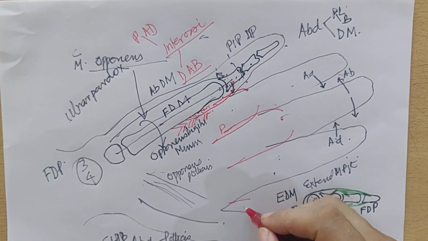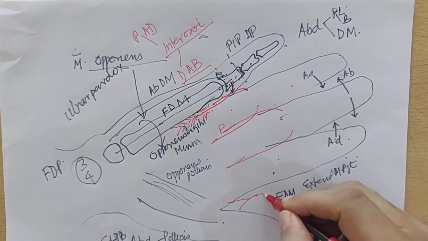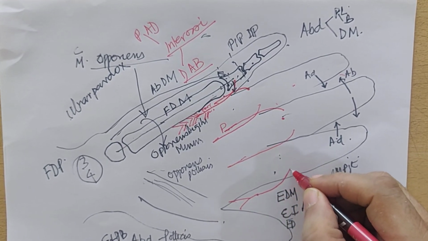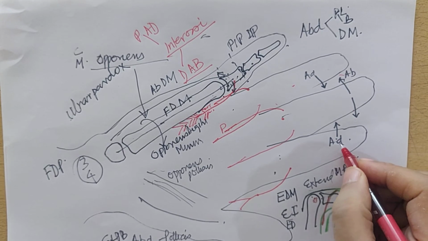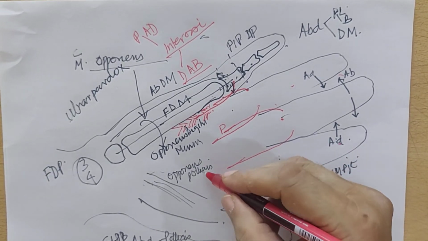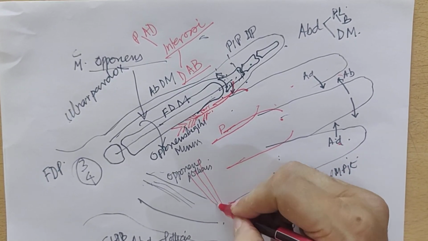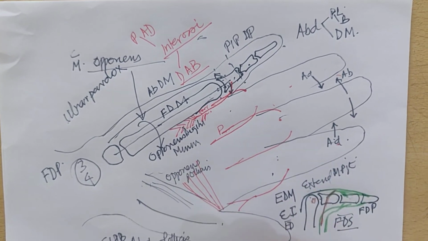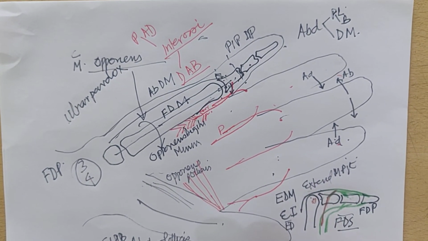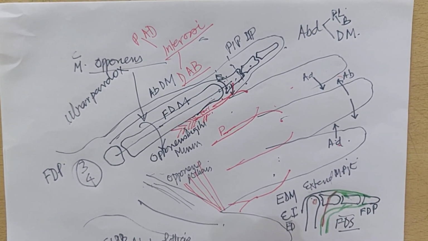Similarly, the interosseous of this would abduct the index finger. The thumb has its own adductor, and that is called adductor pollicis.